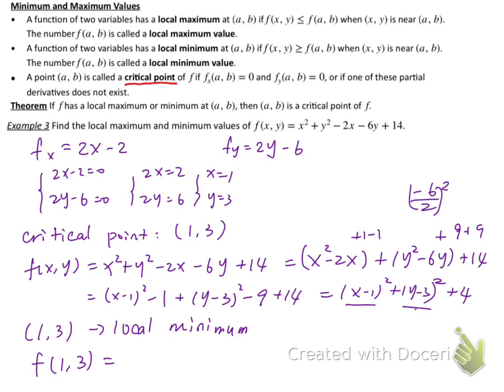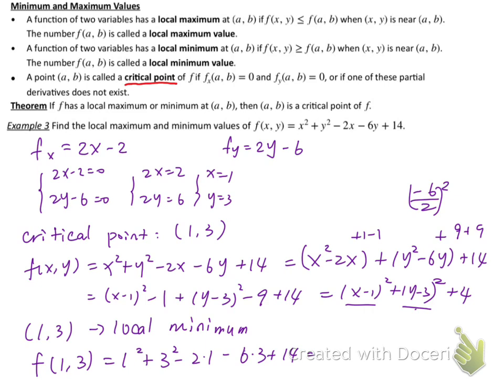And this local minimum value is what you get when you plug in (1, 3). Plugging into the completed-square form would be easier, but I'll do the original: 1 squared plus 3 squared minus 2 times 1 minus 6 times 3 plus 14. Because in the future, you won't have this nice form to tell you why you are having a local minimum or maximum.